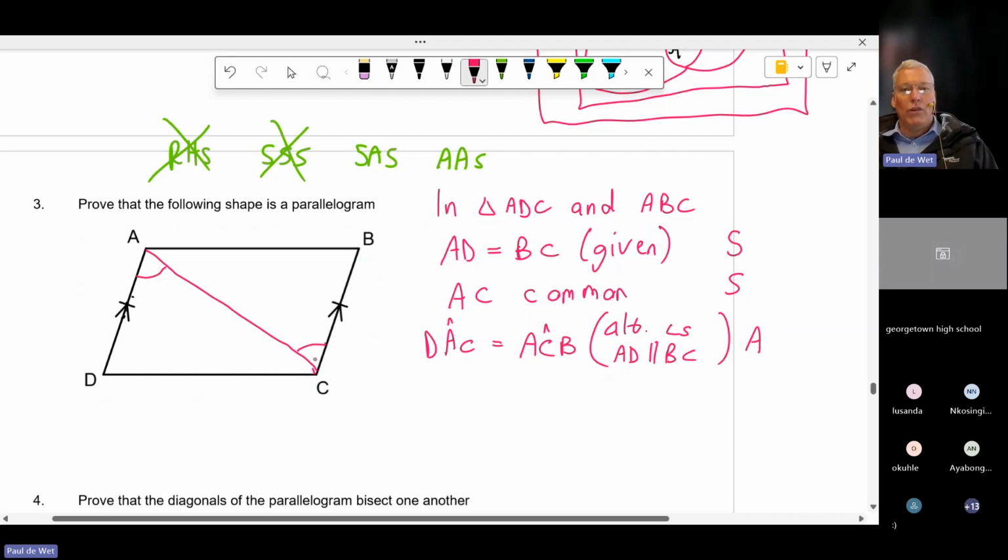Now, have I got one of these? Yes, I have. I've got side, angle, side. So what do I know? I can write down that the triangles are congruent. Triangle ABC is congruent. Guys, watch where I'm starting. I've gone ABC. Which one do you think it's congruent to?